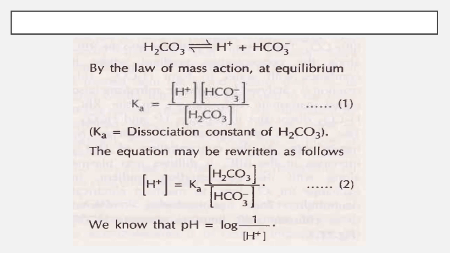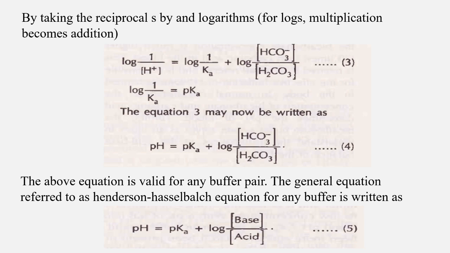This equation may be rewritten as H plus is equal to Ka times H2CO3 carbonic acid by bicarbonate. We know pH is equal to log 1 by H plus. Taking the reciprocal and logarithms, log 1 by H plus equals log 1 by Ka plus log acid by base. Then log 1 by Ka is equal to pKa.